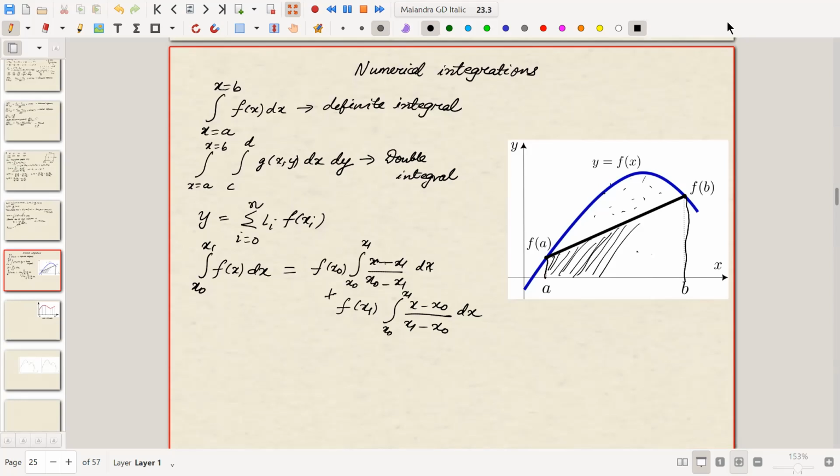That means it is L0 f0 plus L1 f1. Now you are taking the integration of f(x) dx. This is not exactly equal, this is an approximation. So f(x0) and f(x1) will be numbers, because you know x0, and you know the values f(a) and f(b).